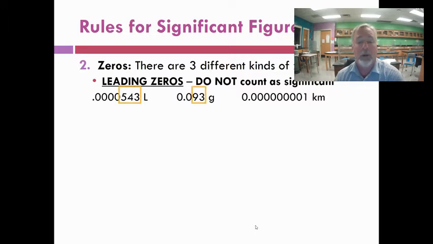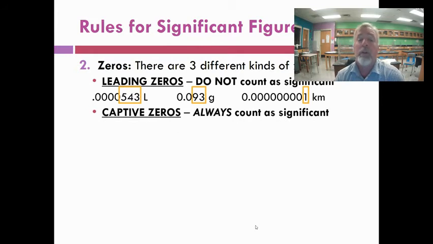And finally, our last one, there's a whole slew of zeros and then finally a 1. None of those leading zeros are going to be significant, you're not going to read those off of your instrument. So this only has 1 significant figure, even though there are a lot of digits there. Again, I want you to have in the back of your mind that we're thinking about measurements.